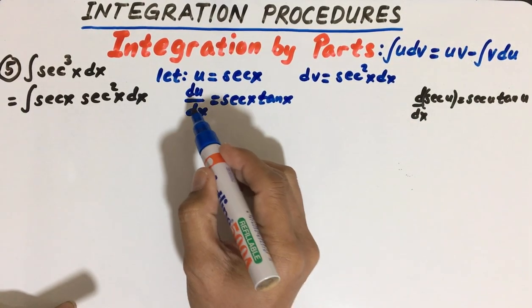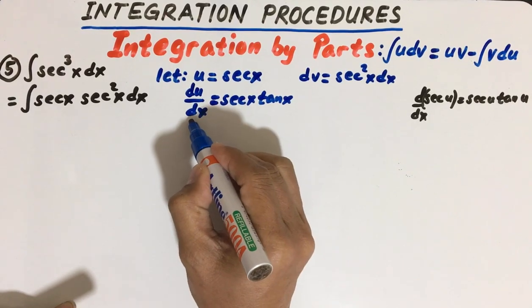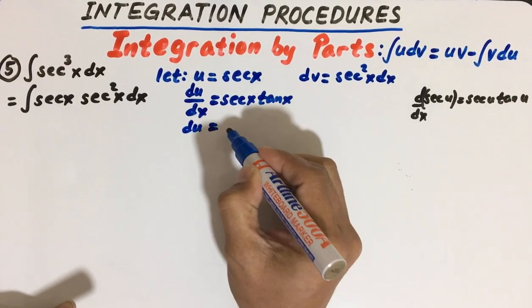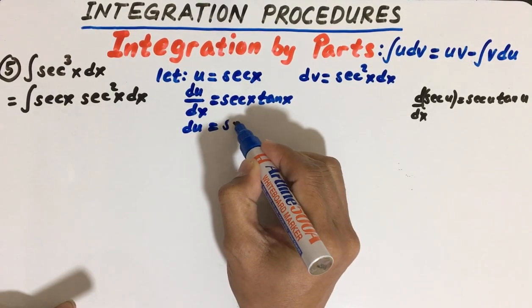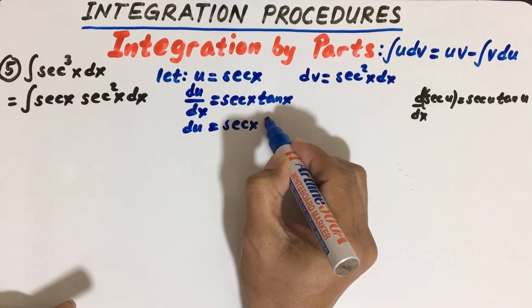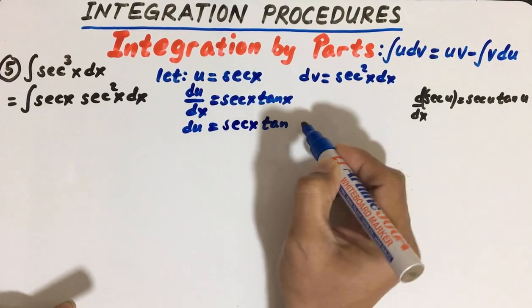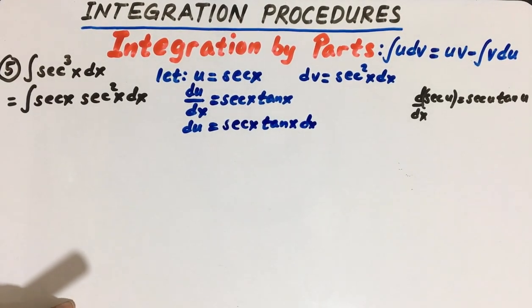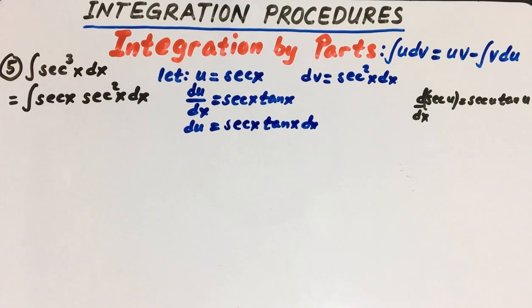Solving for du, we multiply both sides by dx. So we have secant x times tangent x dx. Alright, so that is our du.